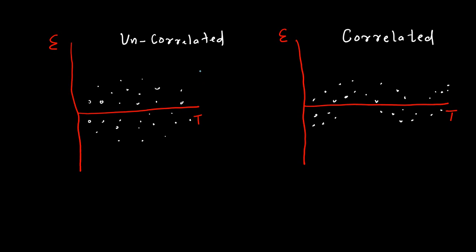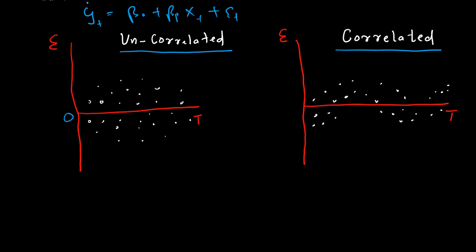Well, just to see an example, I can show you what uncorrelated error terms and correlated error terms look like. When you have uncorrelated error terms, your error terms will be randomly distributed across the origin. So when you build a regression model, y equal to beta naught plus beta 1 x, and of course there is t, and you have an error term, right? Your error term, when you plot it across this origin, should be completely random.